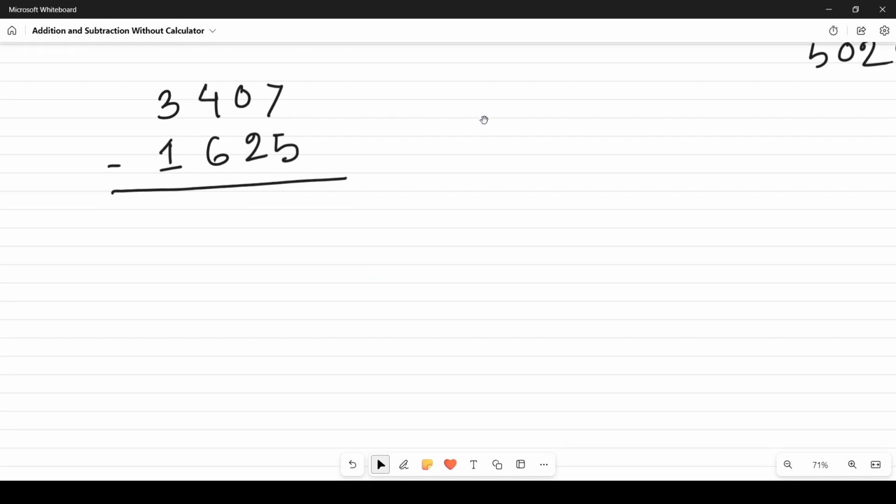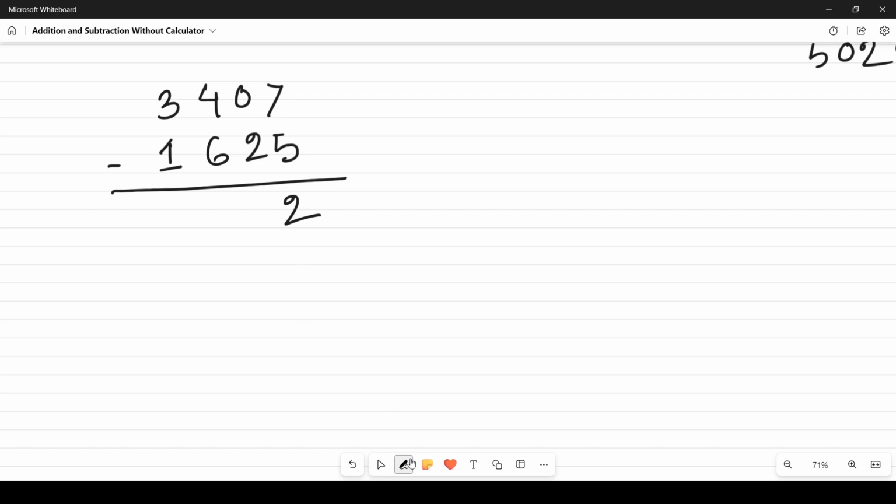We know negative numbers are real numbers, but when we are subtracting, we don't want a negative value number, right? So let's subtract the ones first. If we subtract 7 minus 5, we have 2, right? Now if we subtract 2 from 0, what do we get? We get minus 2. We do not want that.